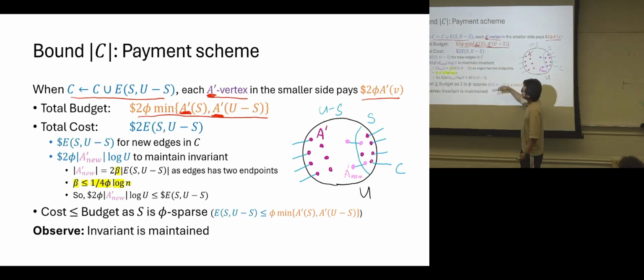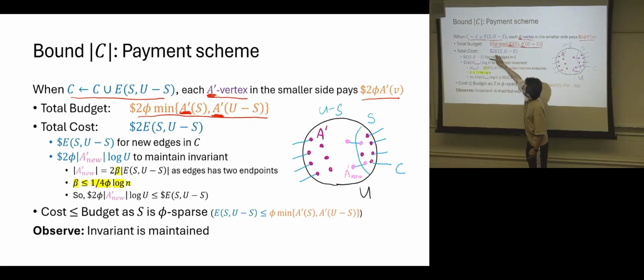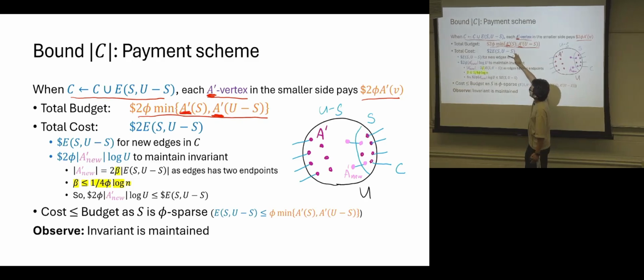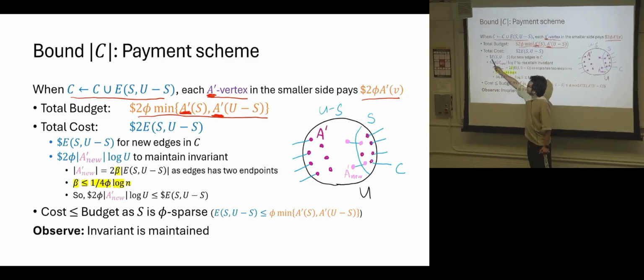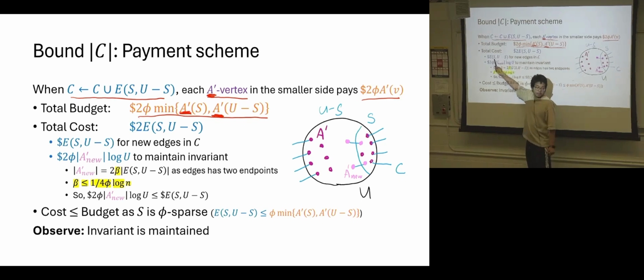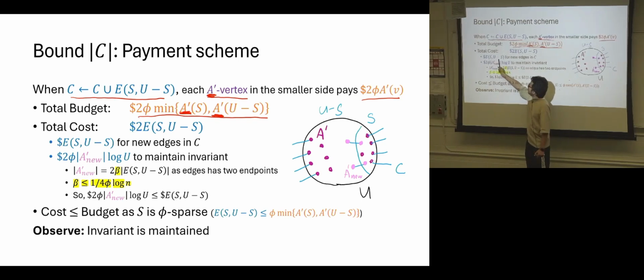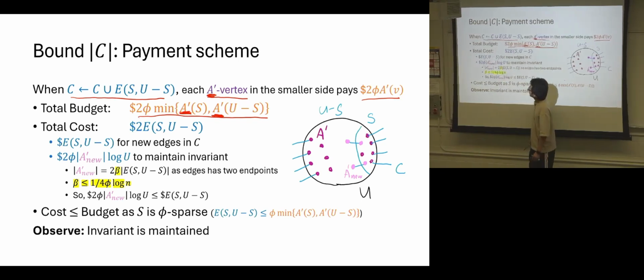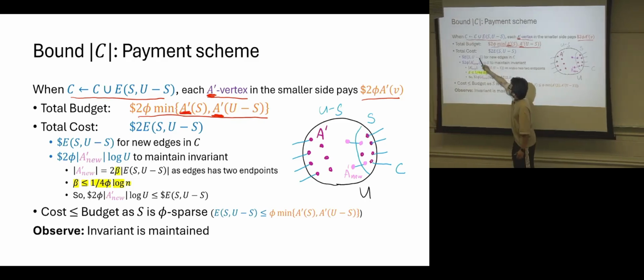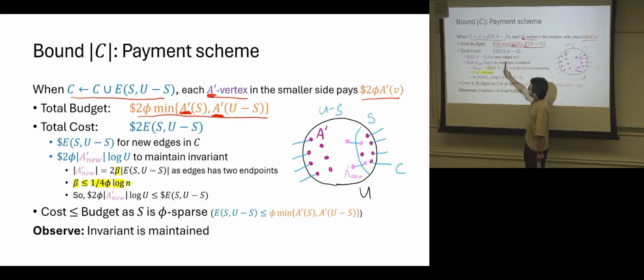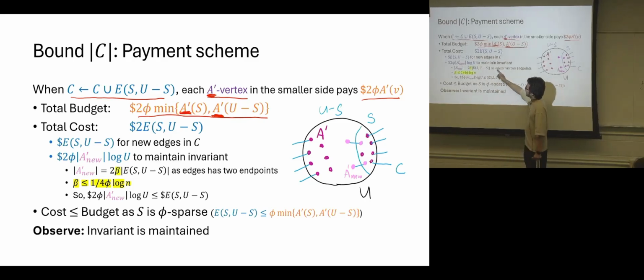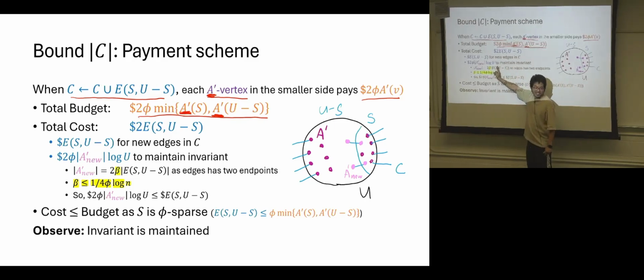And now let's analyze the cost. I claim that it's going to be a total of this. Why is that? Well, first, there are some new cut edges. This is what I need to pay for. It's just this much. That's one term in here. But another thing that we need to pay for is the new node weighting.